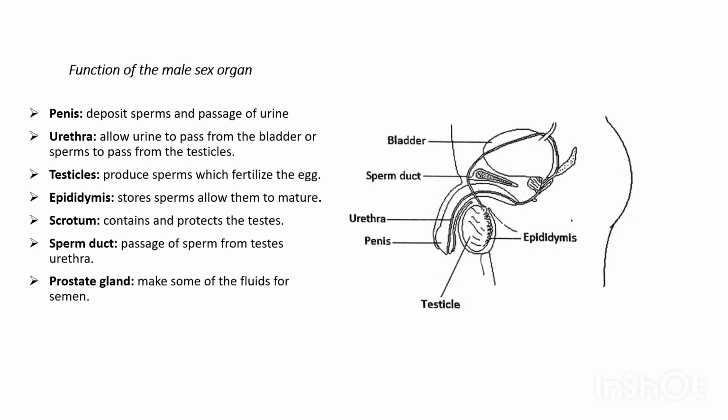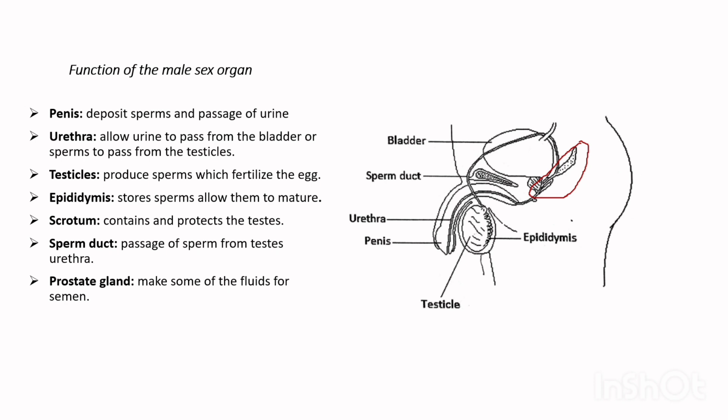The function of the prostate gland. Here is our prostate gland. So what is the function of the prostate gland? It makes some fluid for semen. It simply adds fluid to the semen. Okay.